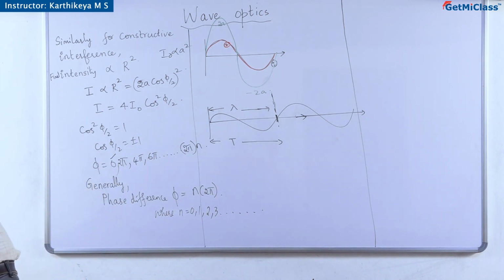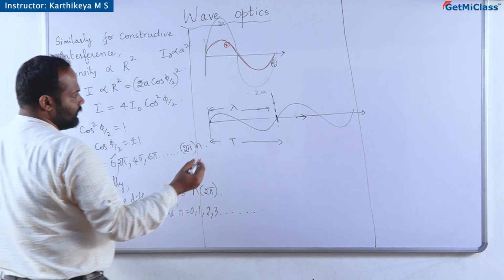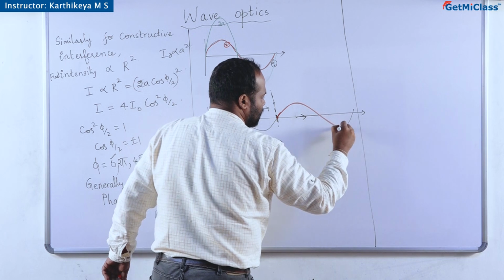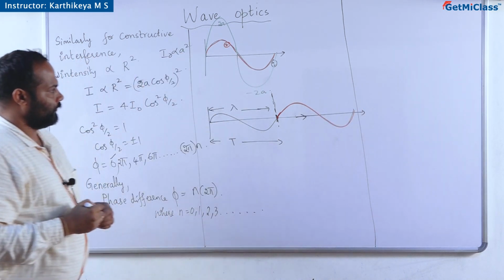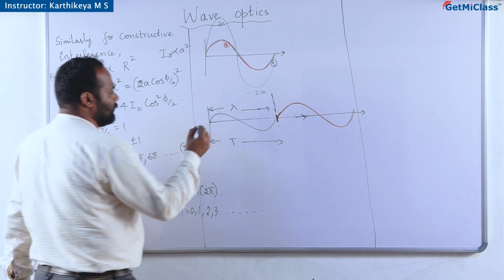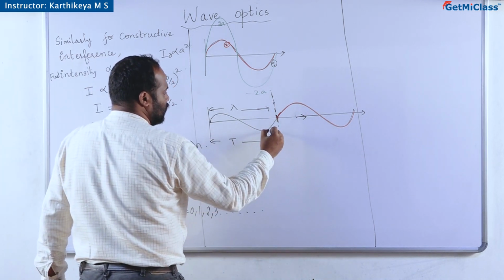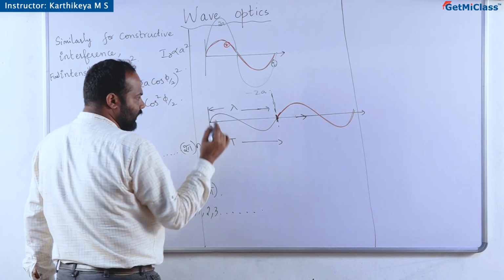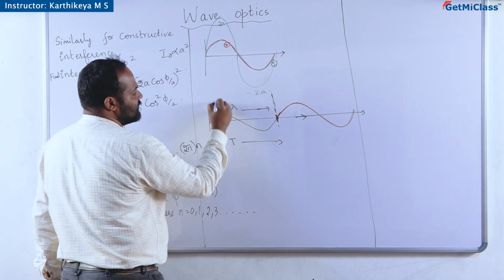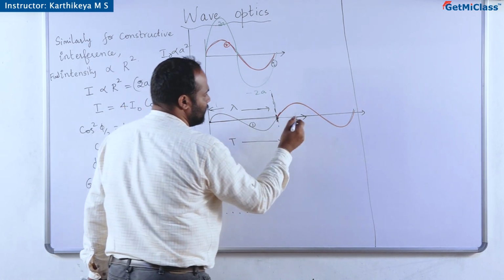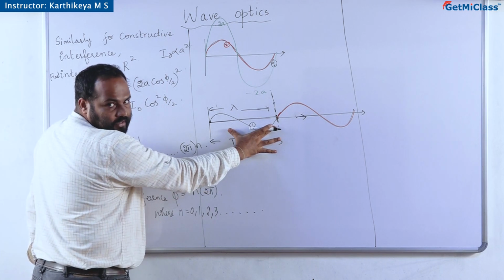If the second wave starts at this position, joins at this position with the black wave, then already the angular displacement of the first wave is 2 pi, and path difference is lambda. How much more linear path has the first wave travelled? It is one complete wavelength.